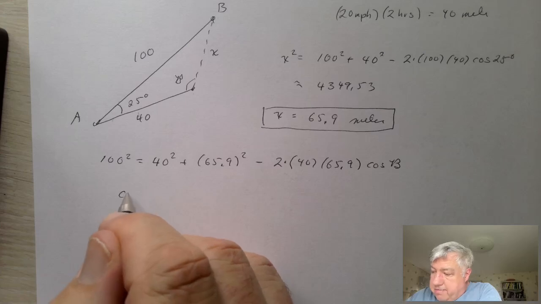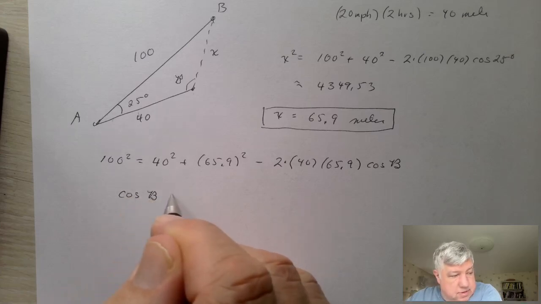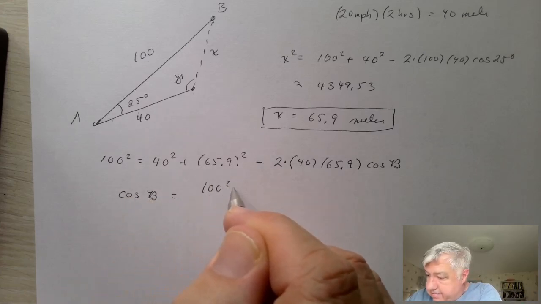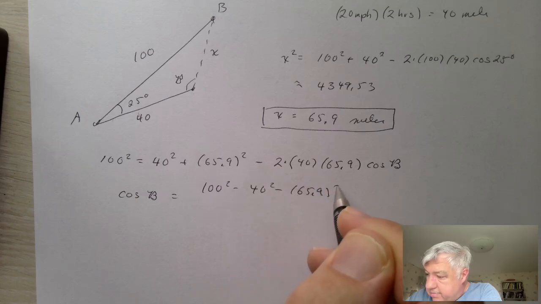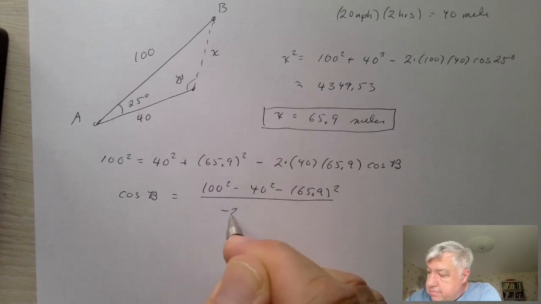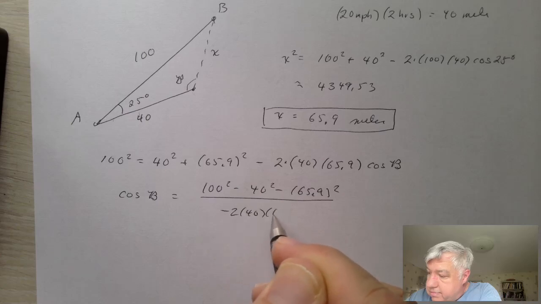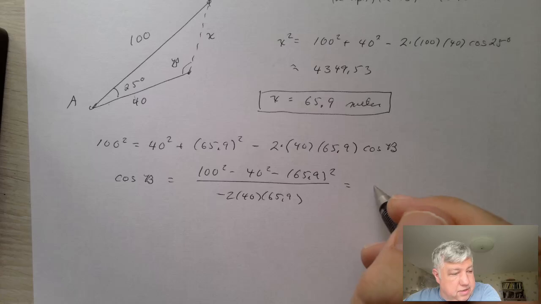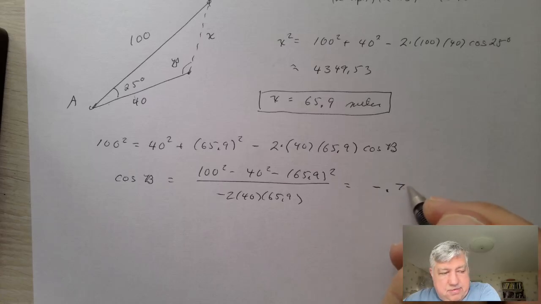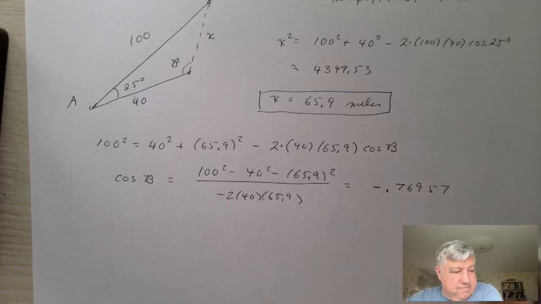And so the cosine of beta is approximately negative 0.76957.